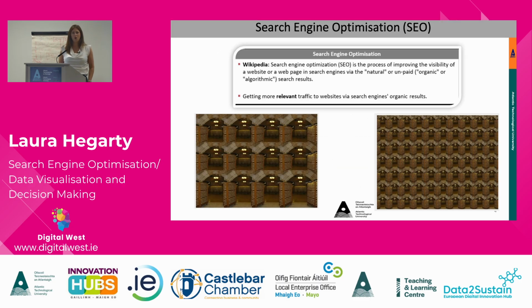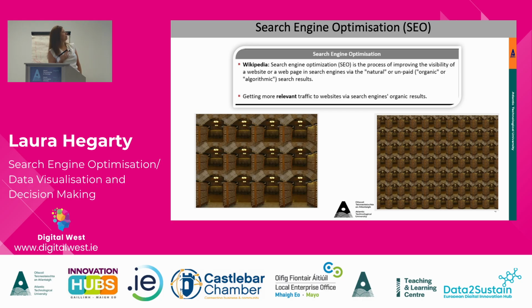Okay, so when we talk about search engine optimization, it's basically, as a business, for example, or even as a professional, how do you create a website or a social media platform so that you stand out from the crowd? So it's understanding what search engine optimization is.